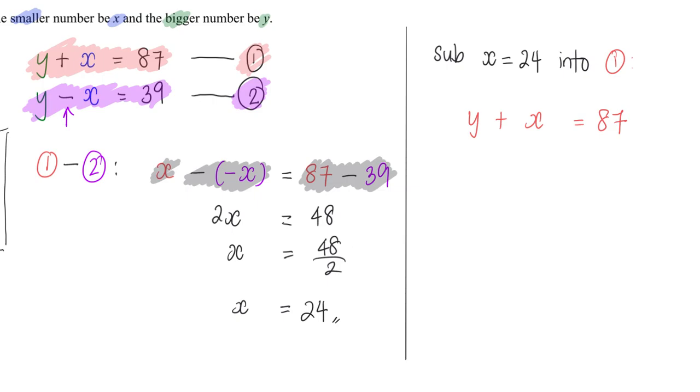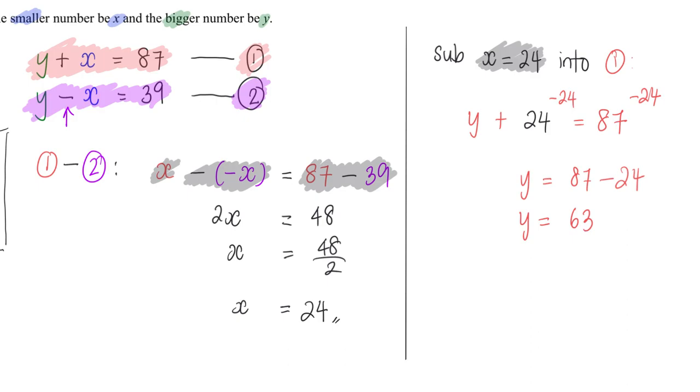And I know my x. X is 24. Meaning, I'm not going to write x anymore. I'm going to write it as 24, and it is positive. So from here, I could then minus 24 on both sides. So my y is equals to 87 minus 24 to give a final answer of 63.